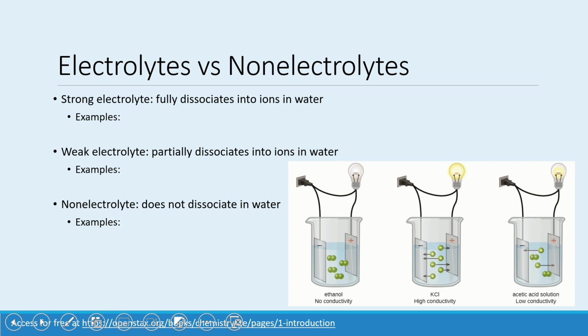So strong electrolytes will fully break apart into their ions. Some examples of strong electrolytes are any of your ionic compounds. Of course, remember those are going to be your metals that are attached to nonmetals like sodium chloride, table salt, and any of your strong acids or bases.